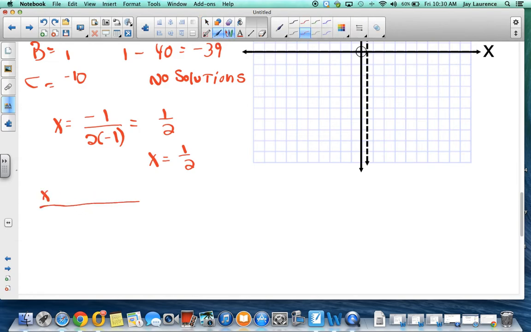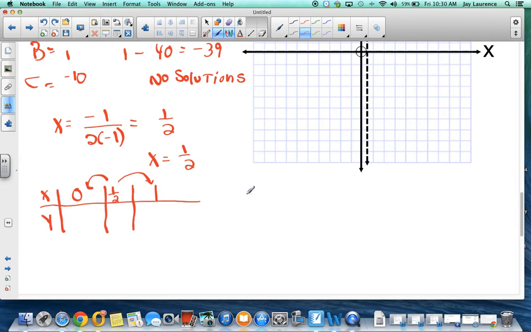Let's make an input-output table. And I know 1/2 is going to go in the middle because that's my axis of symmetry, and I want everything to be symmetrical about it. All right, I think I'm going to pick 0, and then I'm going to pick 1 because I want half a unit to get to 0, and then I'm going to go half a unit in the other direction.